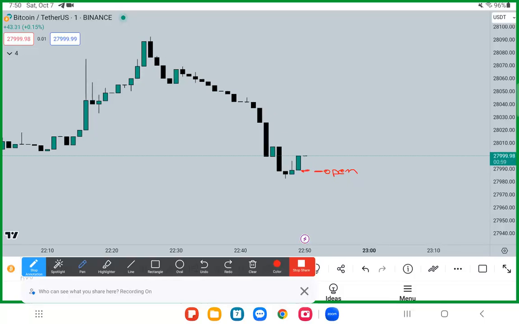All right, so this candle closes here, and the close is the same place as the high, and the open was the same as the low on this candle.